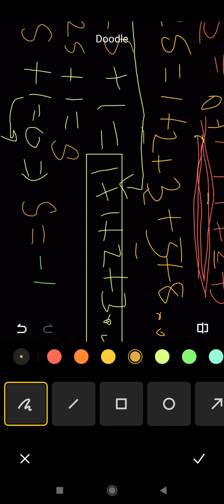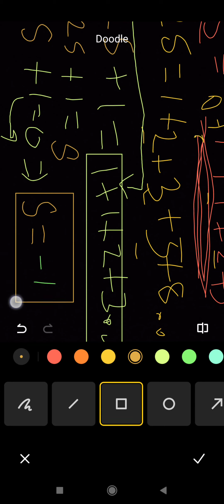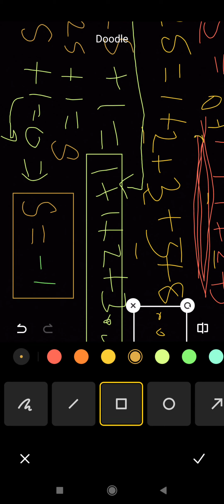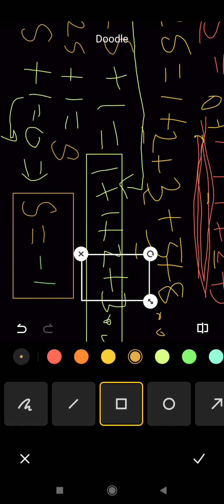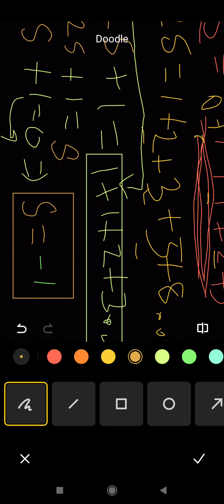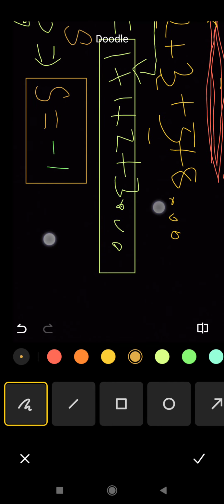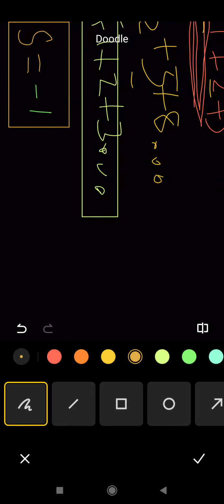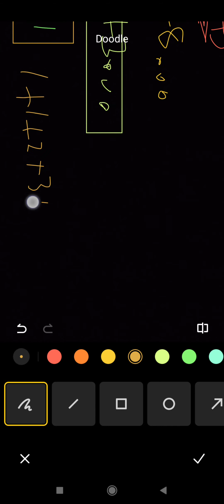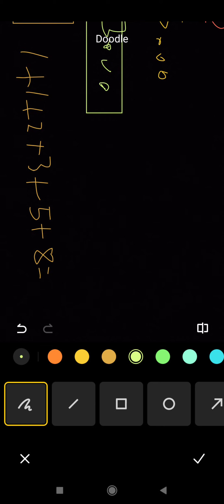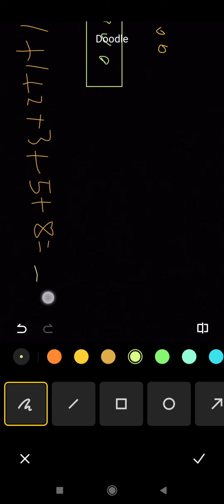Let me just outline that. Therefore, this means that the Fibonacci series 1 plus 1 plus 2 plus 3 plus 5 plus 8 is equal to minus 1.